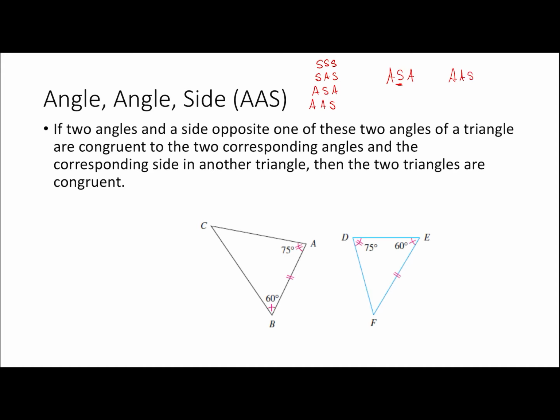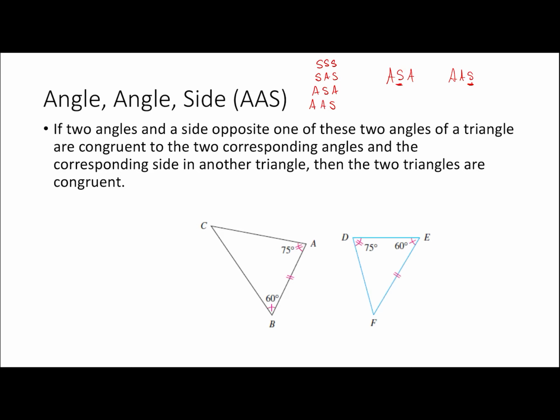It's important to understand that the order of these letters does matter. So angle angle side is different from angle side angle. In angle side angle, the side is the included side between the two angles. In angle angle side, that side length is not included between the two.